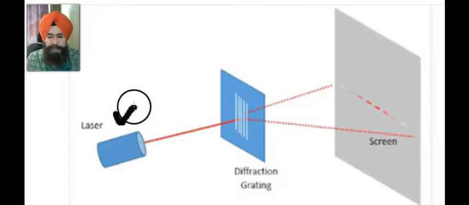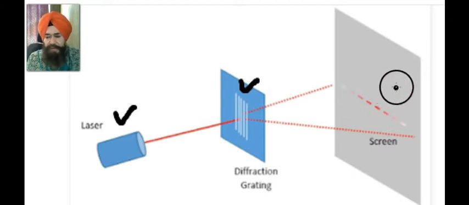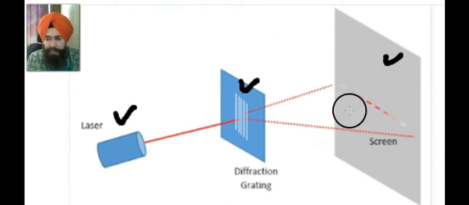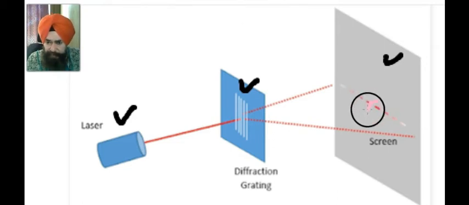This is a laser light. The laser light is coming from this source. Let this light be red in color, monochromatic. Then we have a diffraction grating. Then this is a screen. And what do we get on the screen? We get the central maxima. This is the central maxima.